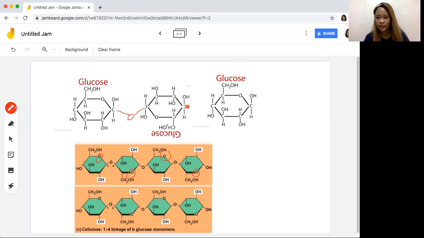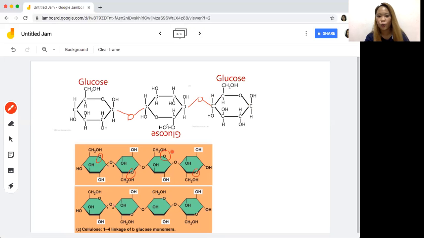In this case, the glucose molecules will have a glycosidic bond that's facing downward. But in this case, the glycosidic bonds 1, 2, 3, 4 will be like this. So it's going up, between here and here. Sorry, so that you're not confused, it's between here and here.